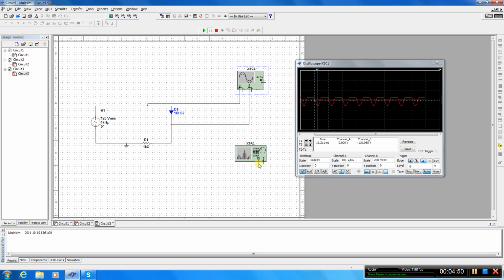So now we will use our spectrum analyzer. Let's connect it here and see the spectrum of the sine wave with root mean square 112 and frequency 1 kilohertz.